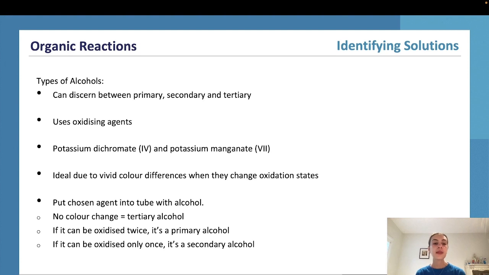If there's no color change, we'll know it's a tertiary alcohol because tertiary alcohols can't oxidize. If it changes color twice, we'll know it's a primary alcohol because primary alcohols oxidize twice. And if it can only be oxidized once, we'll know it's a secondary alcohol because secondary alcohols can only be oxidized once.